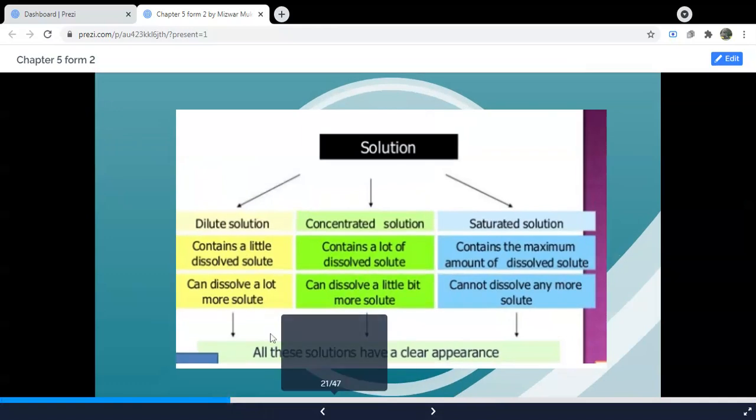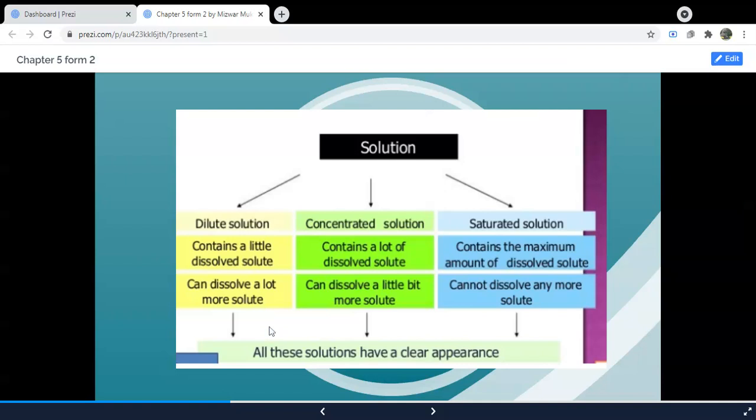Okay, and the similarity that you must remember between these three different categories of solution: all of these solutions have a clear appearance. Bila kita cakap berkenaan dengan solution dalam kamu punya syllabus form 2, bila kamu pergi syllabus yang lagi tinggi, dia akan ada maksud yang lain lah.